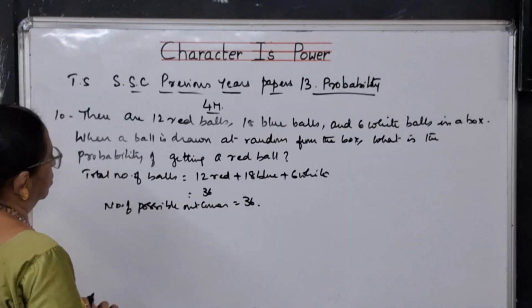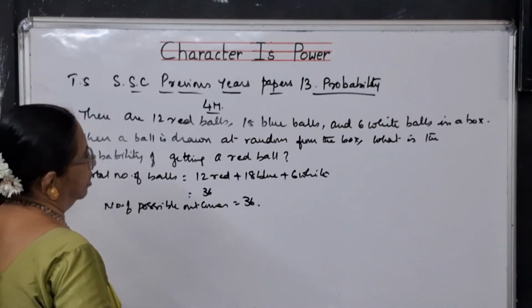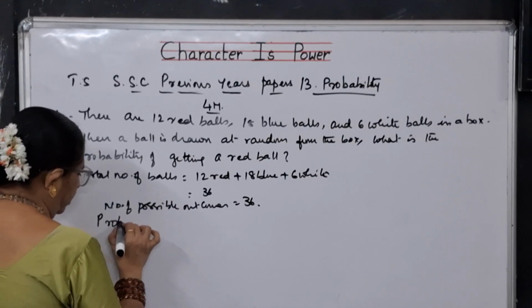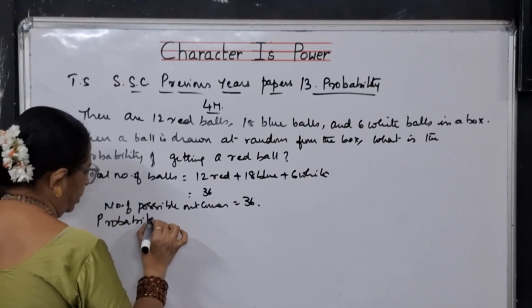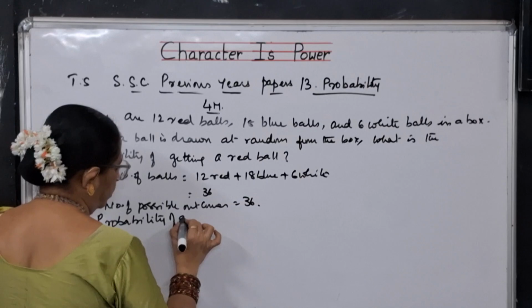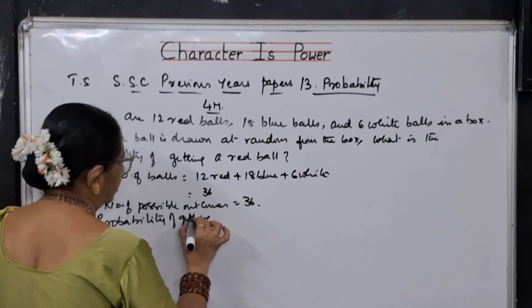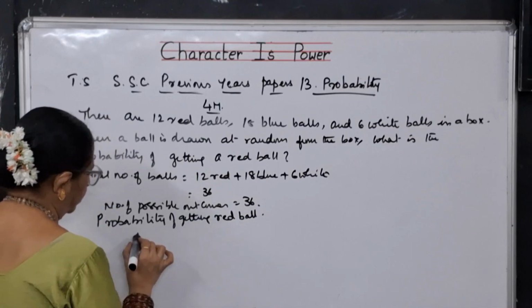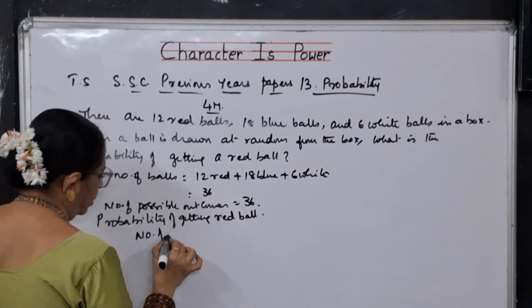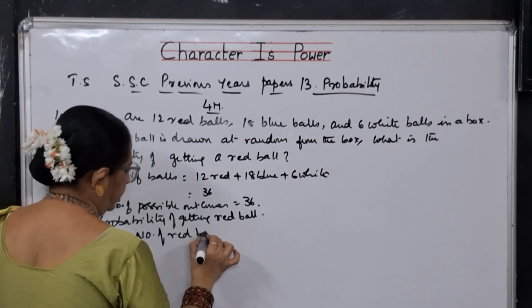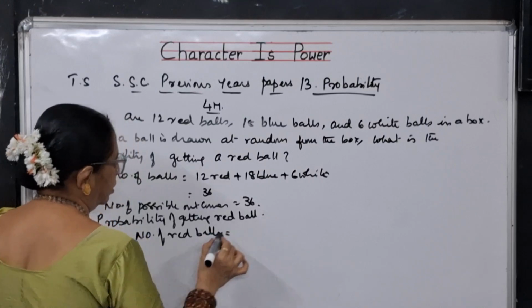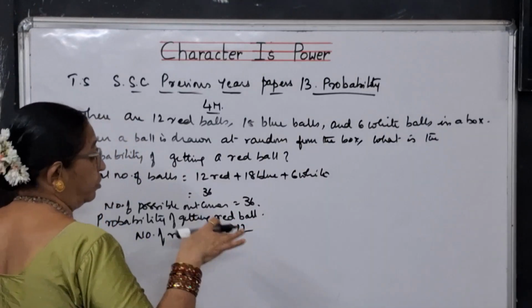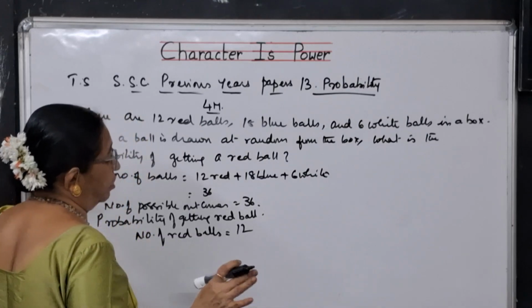Now the question is, what is the probability of getting a red ball? This means the number of red balls. How many red balls are there? You have got 12. So please very carefully read.